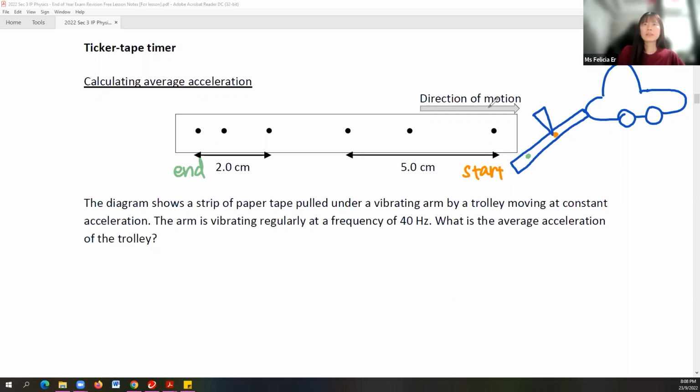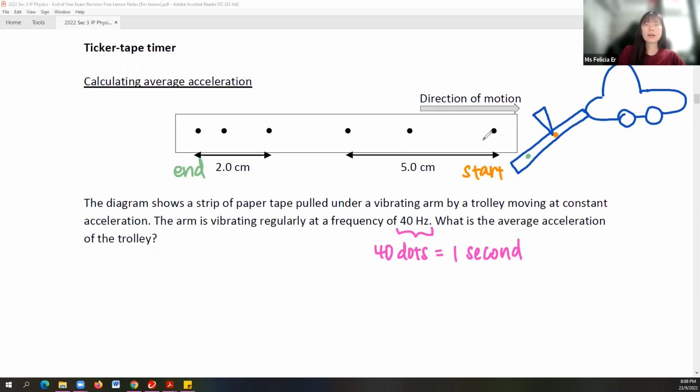Take note that you have to check the direction of motion, because if the tape gets pulled to the left, your start and end will get swapped. This is where you start punching first, then you pull, so as you pull, this will be the last dot being punched. Next, they also tell you that there is a frequency of 40 hertz. This frequency tells you that they punch 40 dots in 1 second.